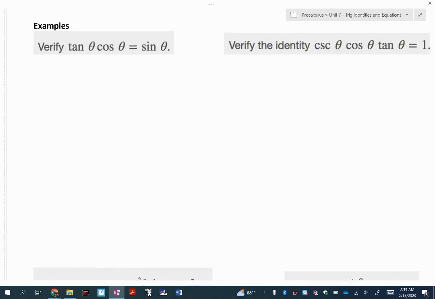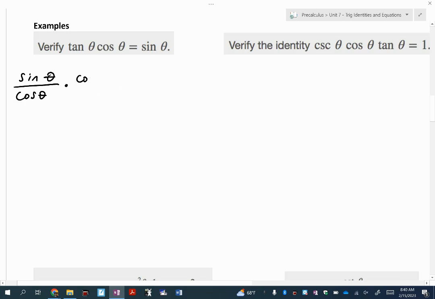I'll try to show everything my brain is thinking. But nine times out of ten, when I see tangent of theta, I'll be using the understanding that tangent is the same as sine over cosine. So I'll write sine of theta over cosine of theta times cosine of theta.